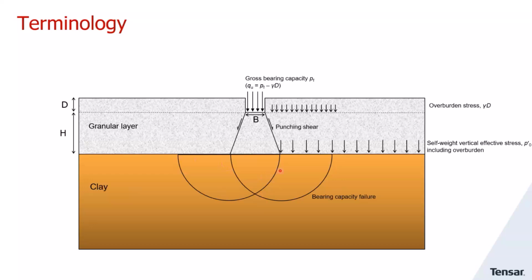Next to that, we have the subsoil bearing capacity model. As Tensar, we have not made a new model for the bearing capacity. We are simply using the existing Meyerhof and Prandtl bearing capacity failure mechanisms. But we are focusing on how much load we can transfer through this mechanically stabilized or even unstabilized granular raft.